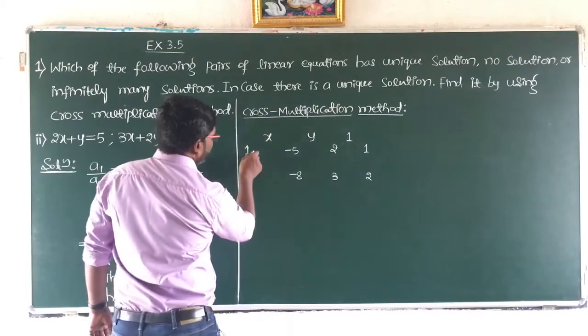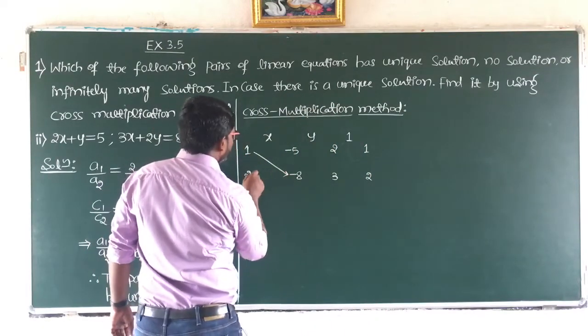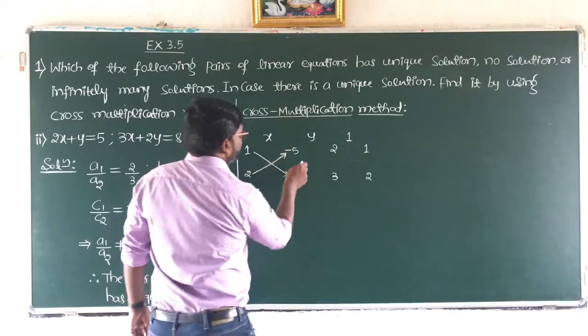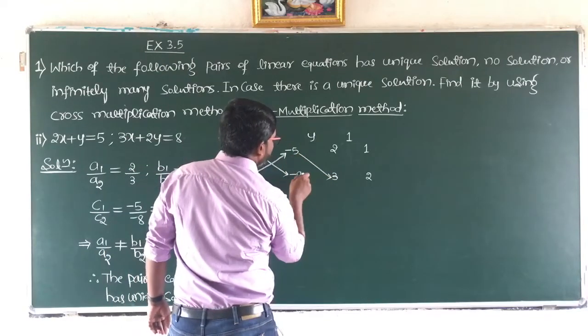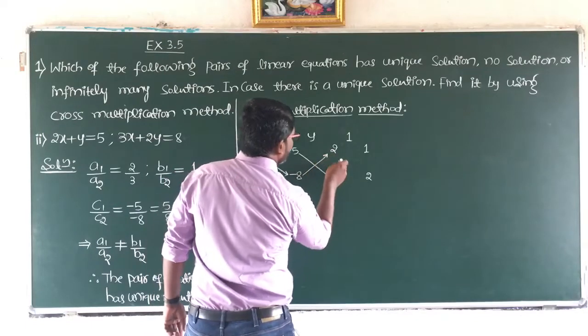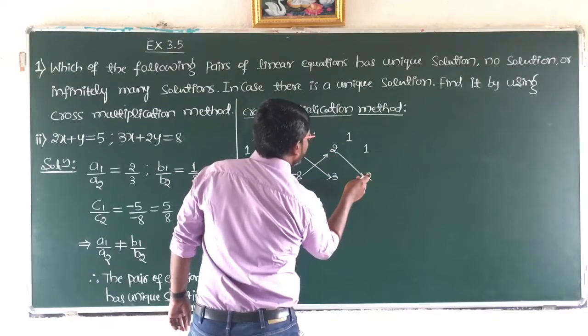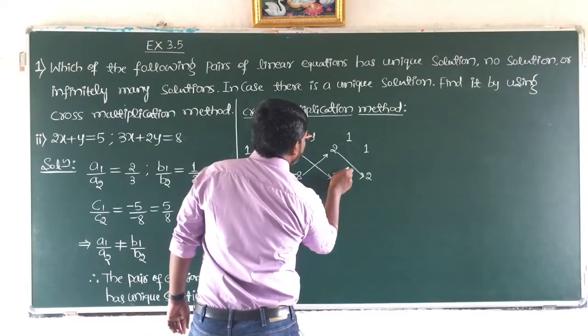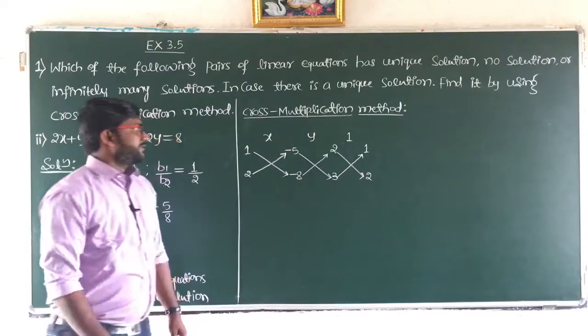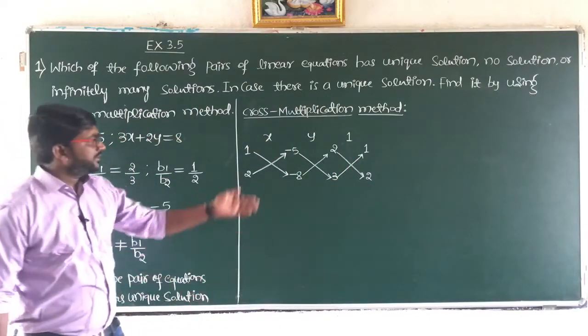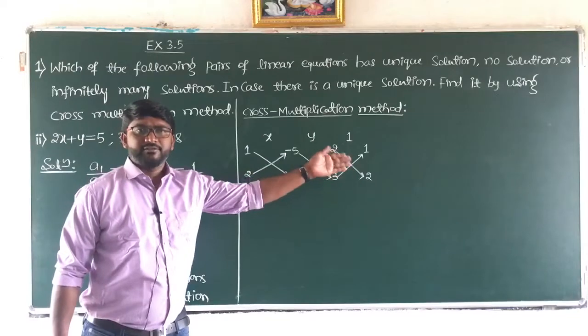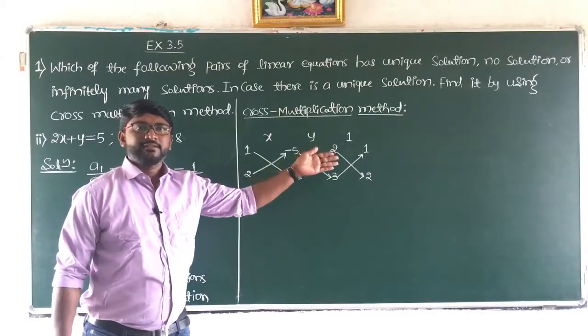Now multiply these two, minus the multiplication of the other two: minus 5 and 3, minus the multiplication of minus 8 and 2, then multiply 2 with 2 and 3 with 1. This is the cross multiplication method, or you can solve this directly by the formula which I had given in the introduction class.